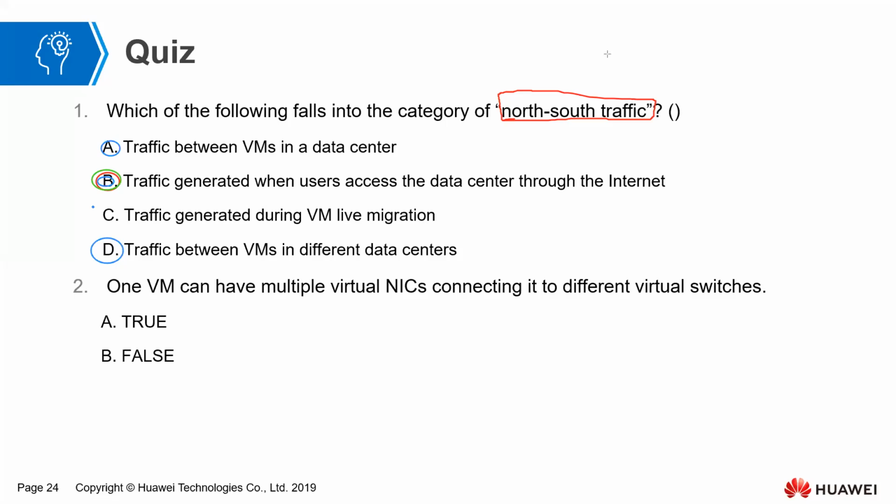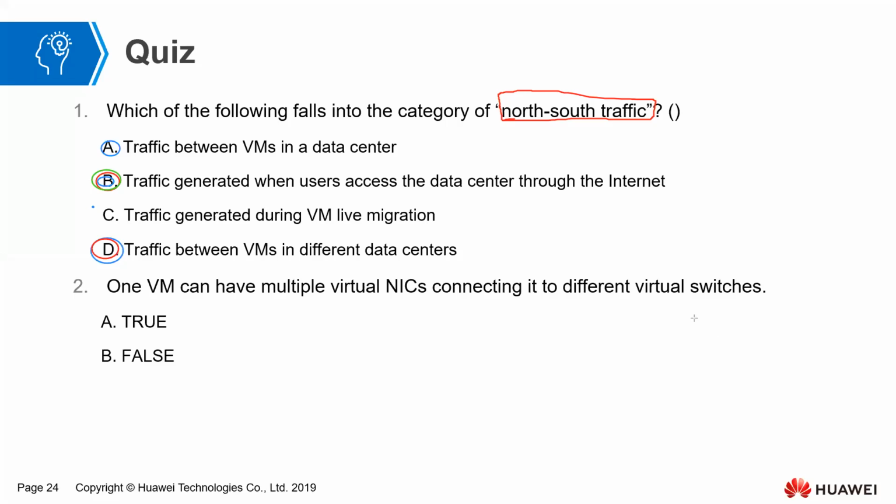And B also just because it uses a router or a routing protocol to connect the two networks within a data center, going outside or coming inside the data center. So Precious adds to his earlier answer, and he says for him, it is B and D: the traffic generated when users access a data center through the internet and also between different data centers.